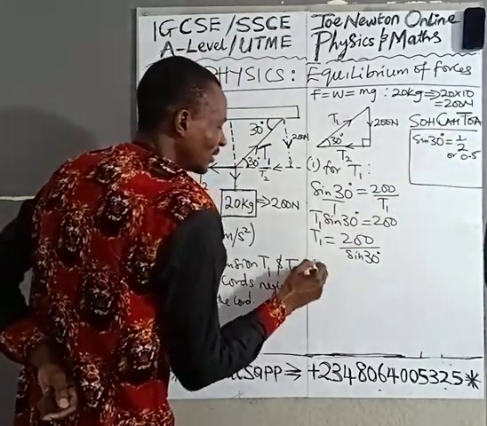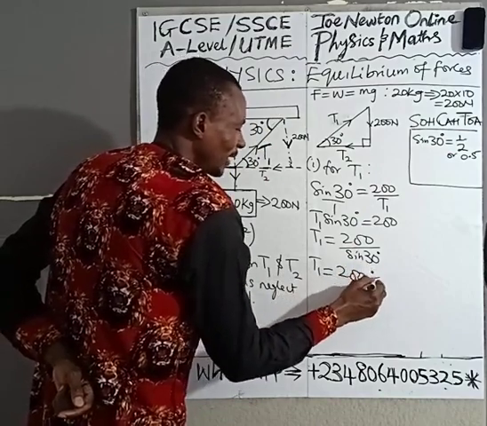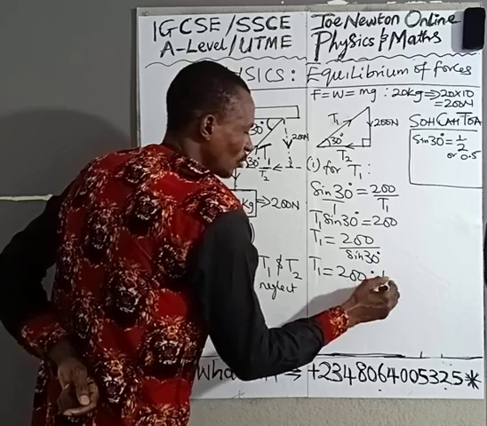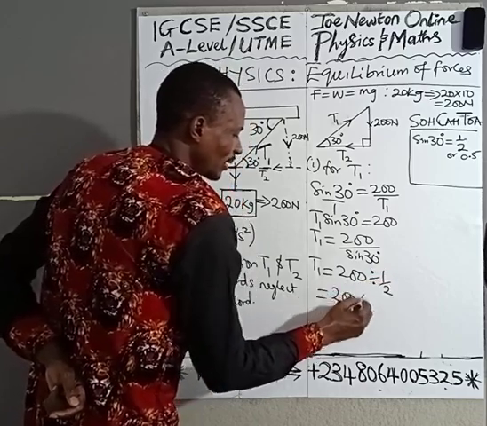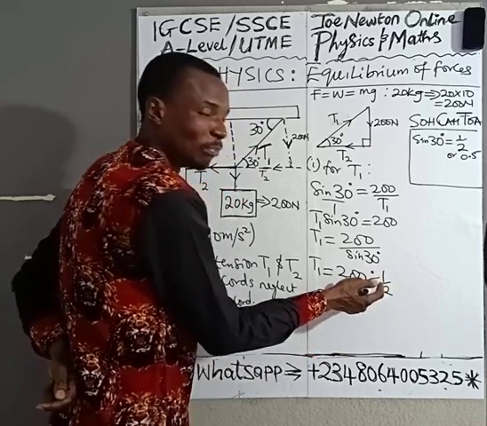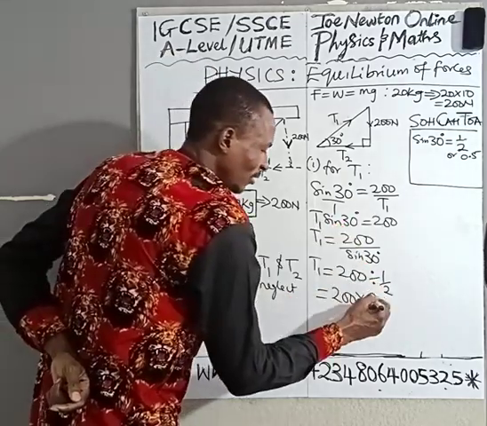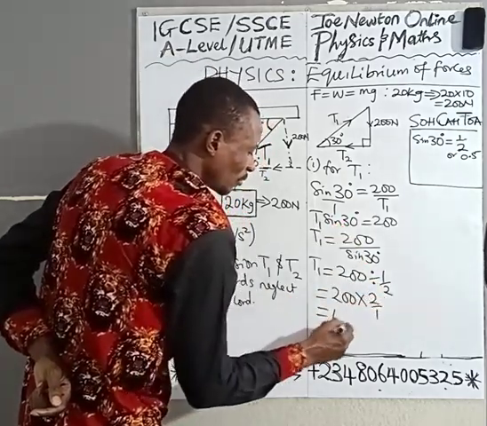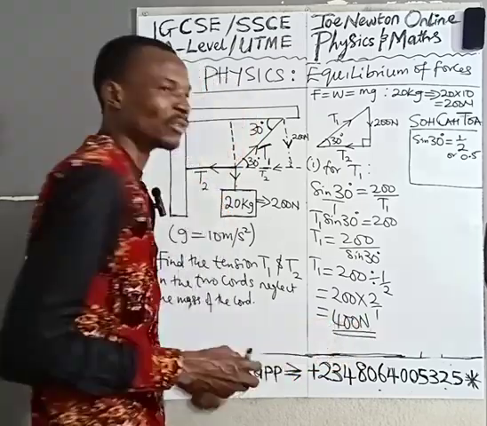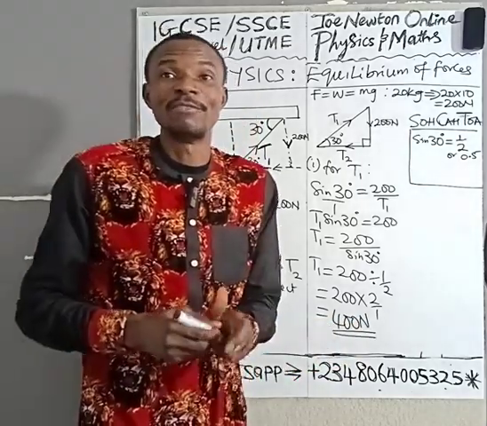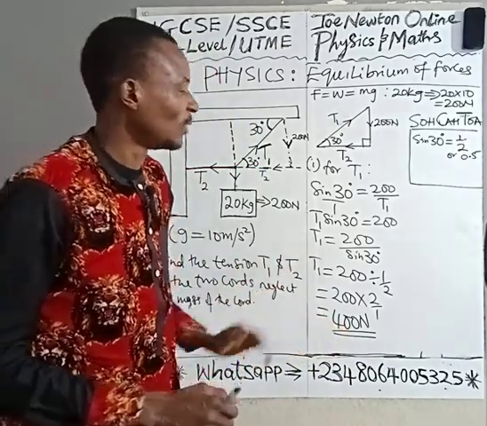That will give us that T1 is equal to 200 divided by 1 over 2. Mathematically, it means 200 times, when you have division, you put multiplication and invert the fraction, times 2 over 1, which is equal to 400 Newton. Remember, the unit of force is Newton. That tension is force on that cord. So it's 400 Newton is our T1.